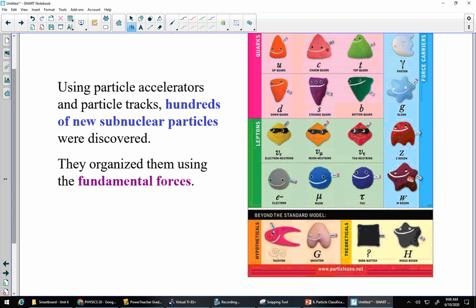Using particle accelerators, that's the thing we talked about last lesson, hundreds of new subatomic particles were discovered. That's no word of a lie. Hundreds of new subatomic particles, or subnuclear particles, I should say. So things that are inside of the nucleus. Physicists have organized them in terms of their fundamental forces.